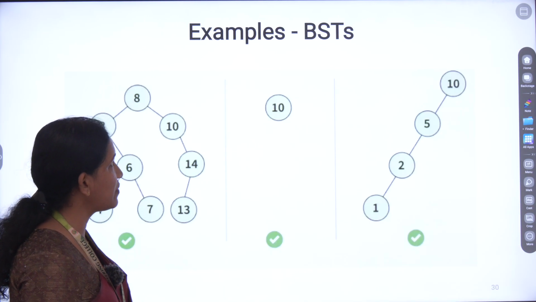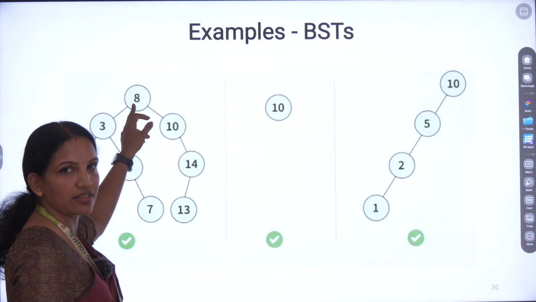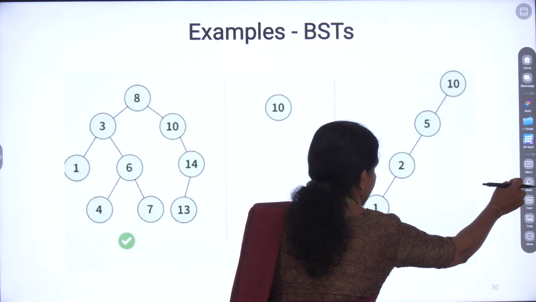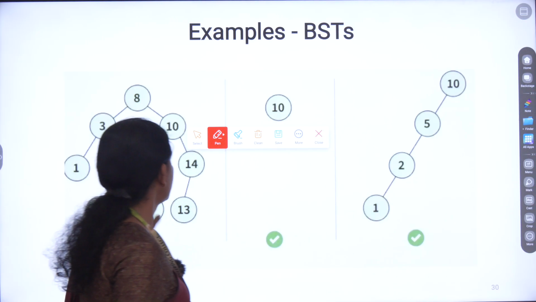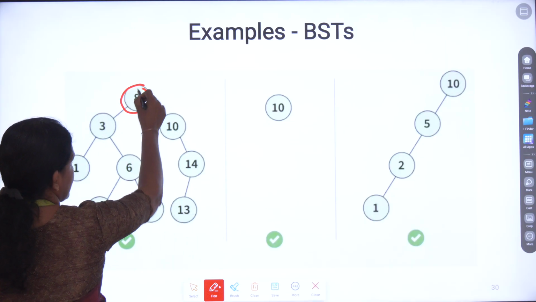So these are some examples of binary search trees. The first one is this one with root 8. If you consider the values of the data in the nodes, the root is 8.